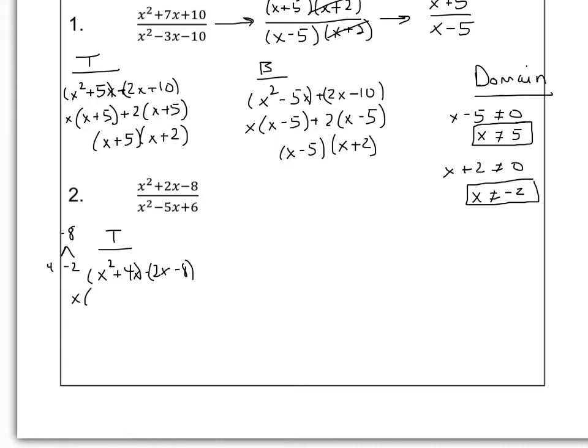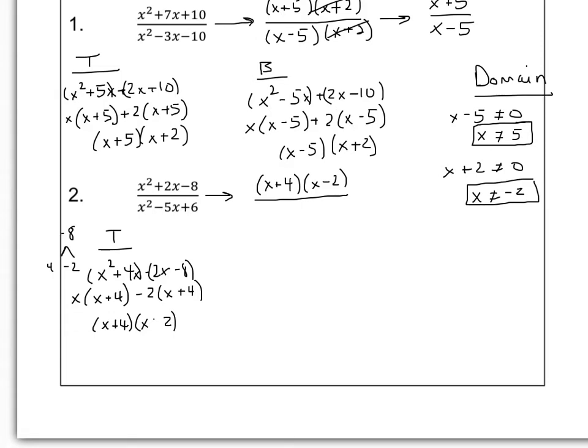So here I'm going to take out an x, I'm left with an x plus 4. Here I'm going to take out a negative 2, left with an x plus 4. I have an x plus 4 in common with an x minus 2 left over. So this is going to be on the top, x plus 4, x minus 2.